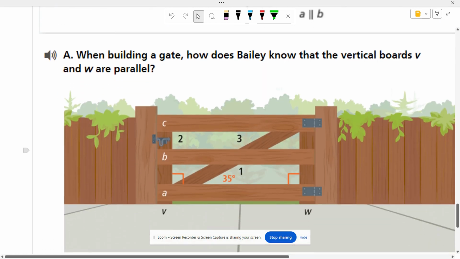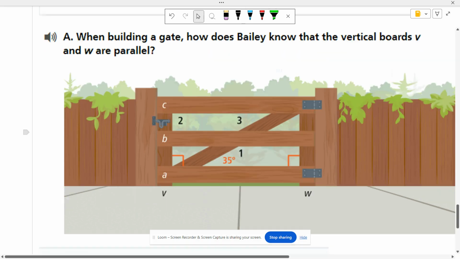We know that this board here and this board here have to be parallel to each other because A is our transversal, and if A and V are perpendicular, and A and W are perpendicular, then V and W must be parallel.